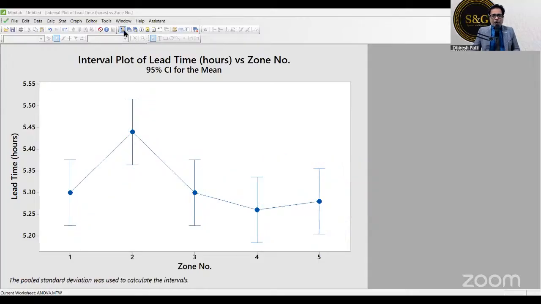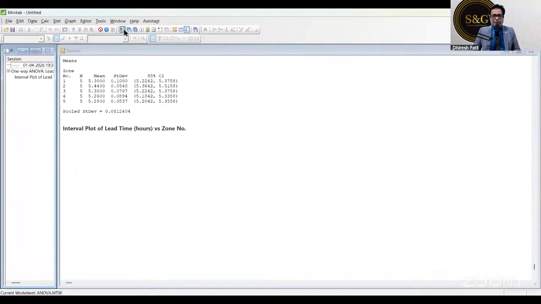Okay, so just click on this sessions window. The sessions window, the short key is Control Alt M. Just click on that, Control Alt M, and scroll up.